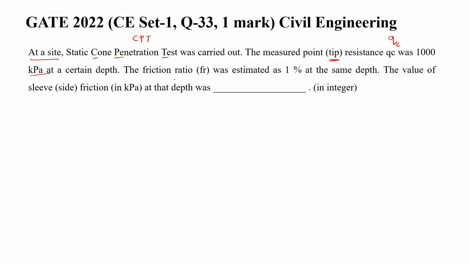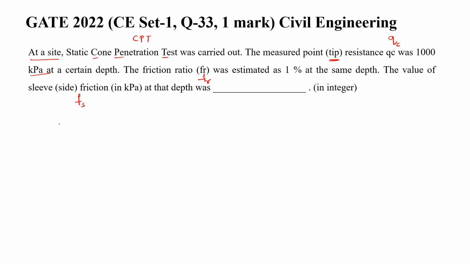The friction ratio, denoted by FR, was estimated as 1% at the same depth. The value of sleeve or side friction, denoted by Fs, in kPa at that depth was?